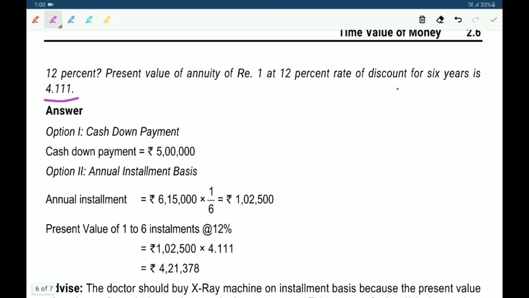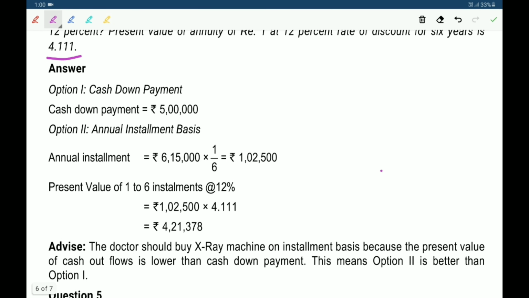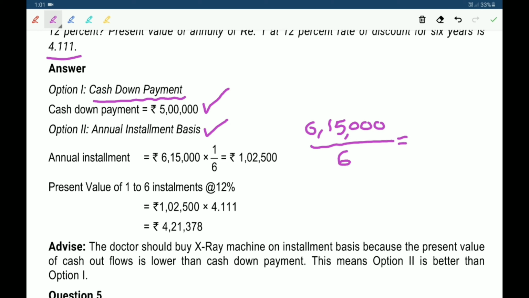So option 1, cash down payment 5 lakh rupees. Next, annual installment, 6 lakh 15,000 rupees for 6 installments, so each installment is equal to how much? 1,02,500.